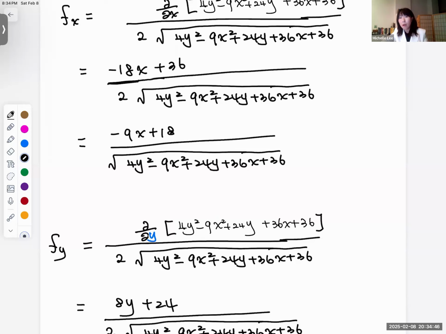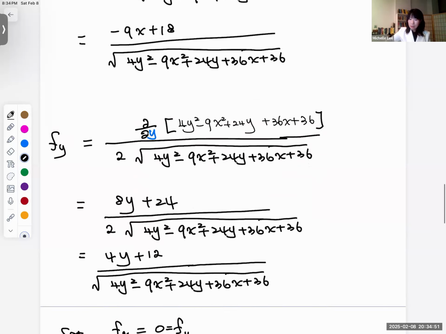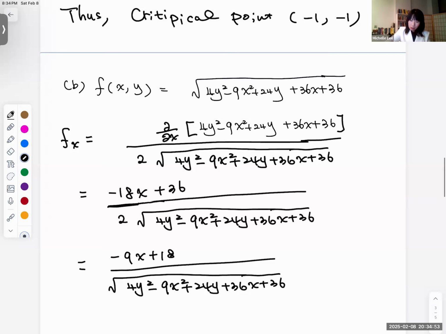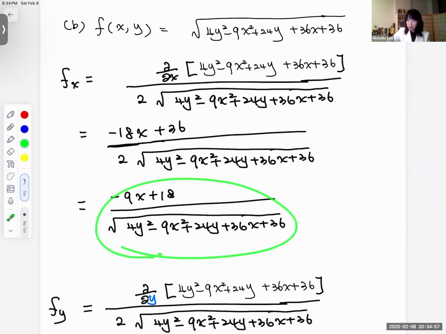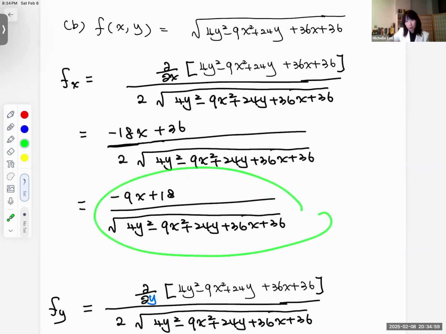Partial derivative with respect to y, find y. Okay, then look, we have partial derivative, then we have a quotient. This is a quotient, right? So when the denominator is undefined, then we say that derivative does not exist. F prime does not exist. We had that in calculus 1, right?